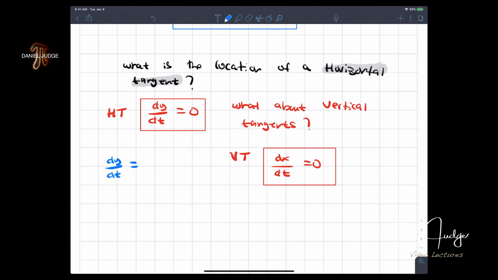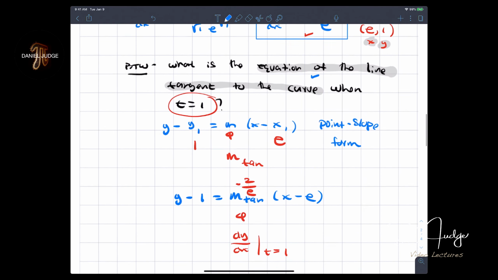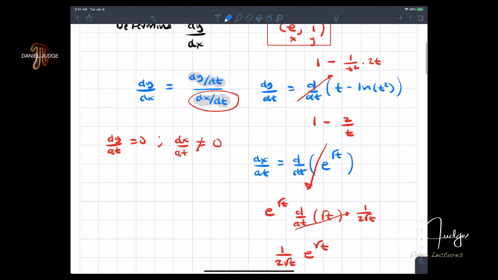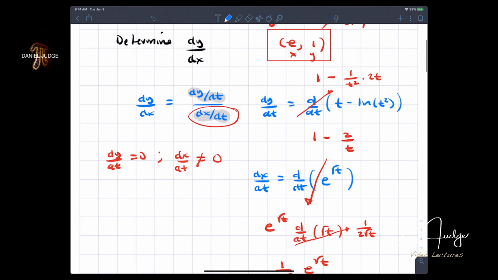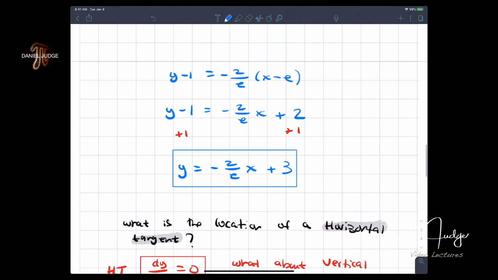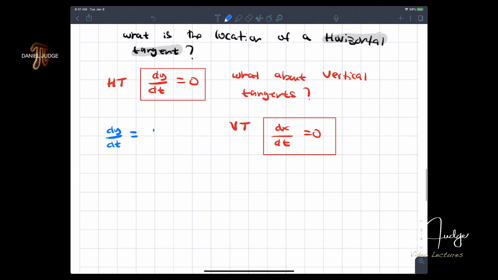dy/dt was 1 minus 2 over t, which we found was (t minus 2) over t. So double check this idea.